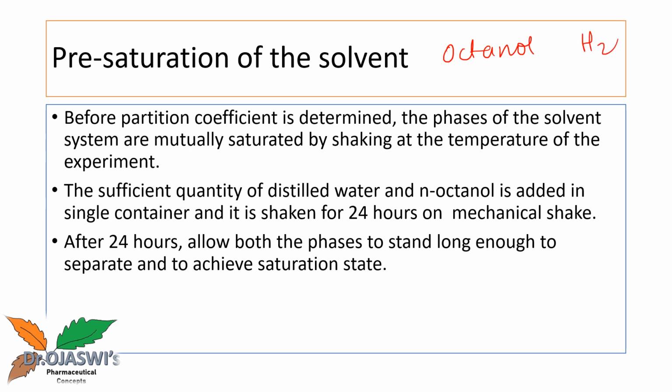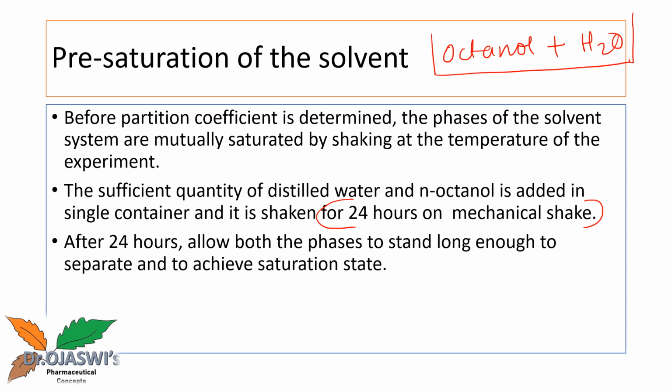So I will take this octanol and water in a single container, and this container will be kept for 24 hours on a mechanical shaker, where the two are supposed to get saturated with each other.